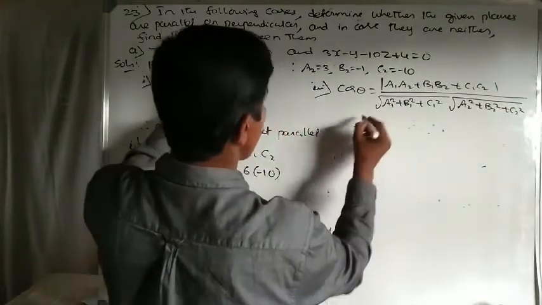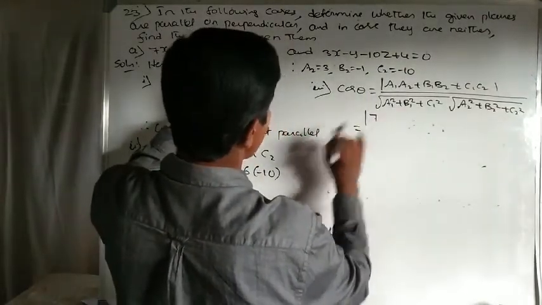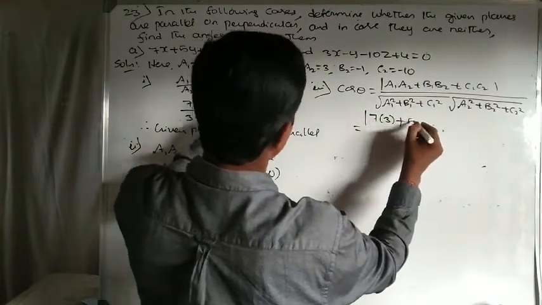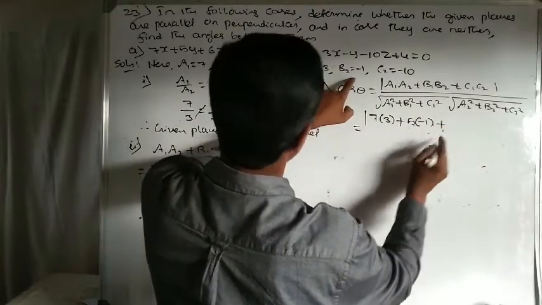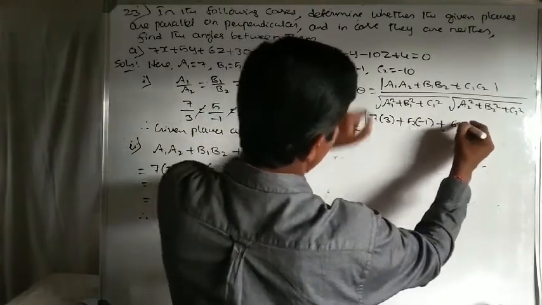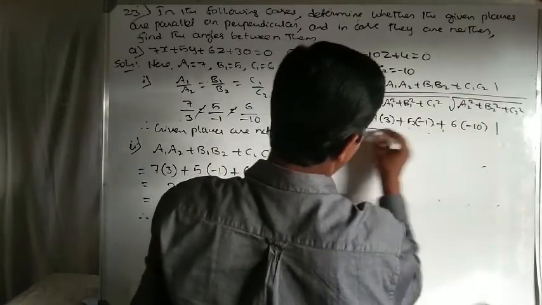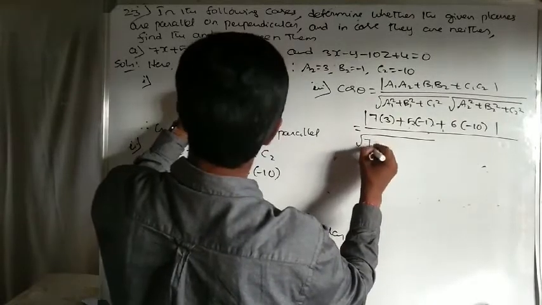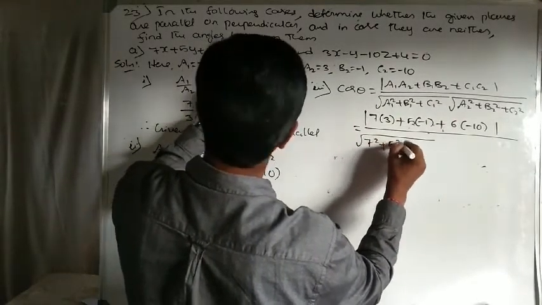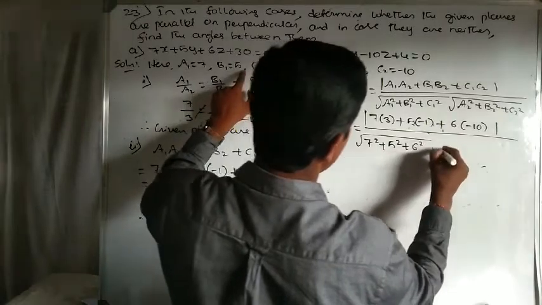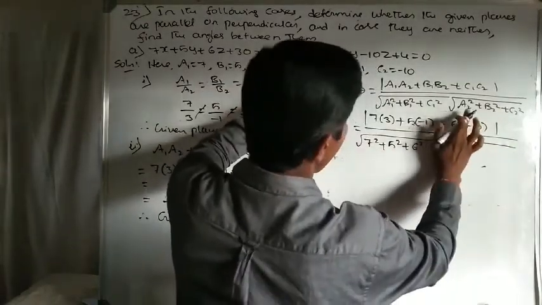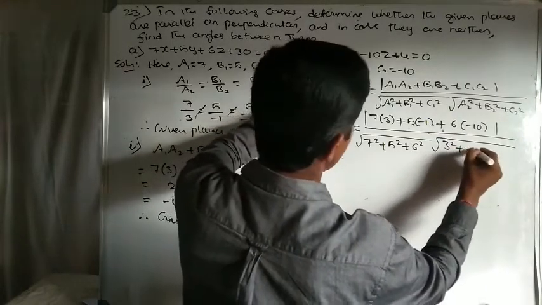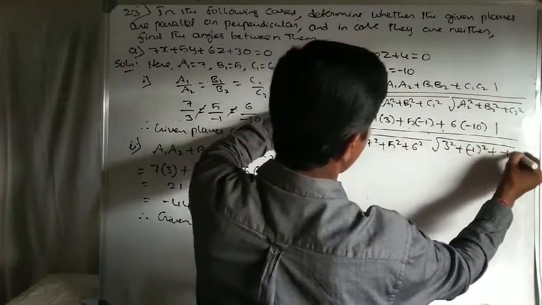Substituting the values: a1 is 7, a2 is 3, b1 is 5, b2 is minus 1, c1 is 6, c2 is minus 10, divided by square root of 7 square, 5 square, 6 square, into square root of 3 square, minus 1 whole square, minus 10 whole square.